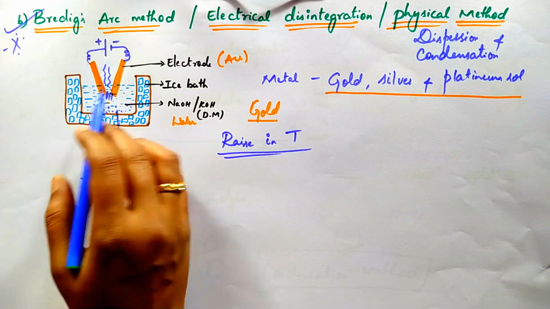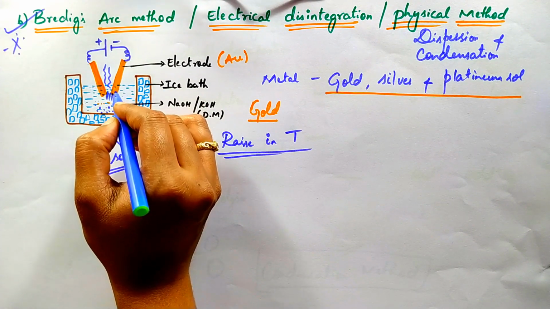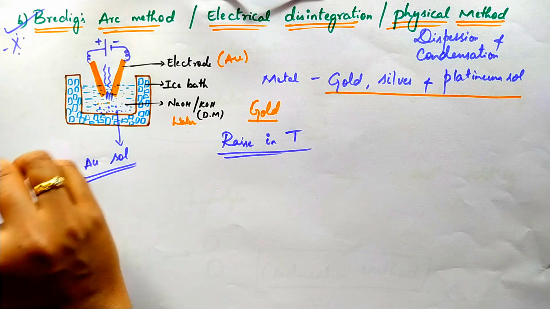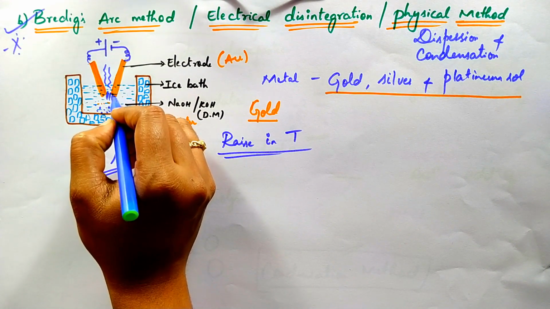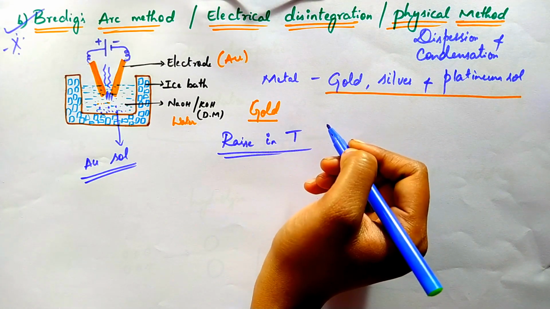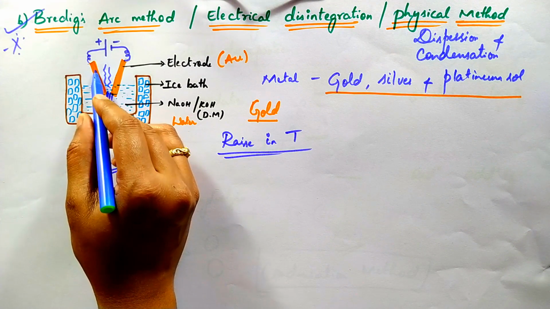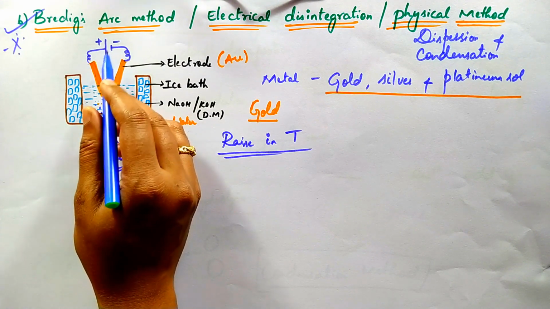Once again I will repeat. On applying the high voltage, an arc is struck between the two electrodes. Due to the arc, there is a rise in temperature. As the temperature increases, the particles present on the electrode start evaporating.